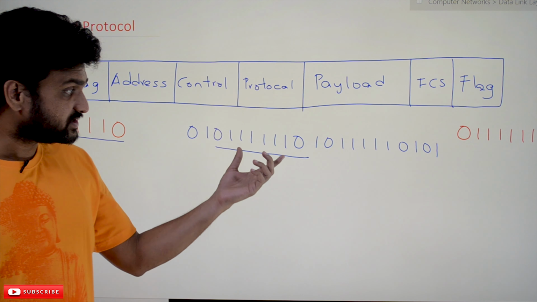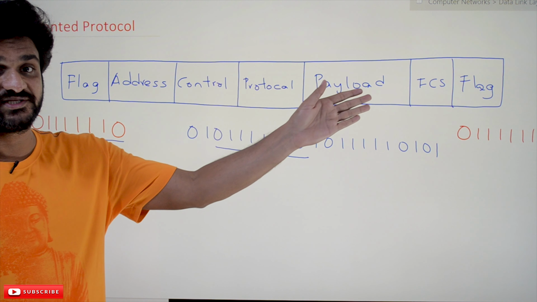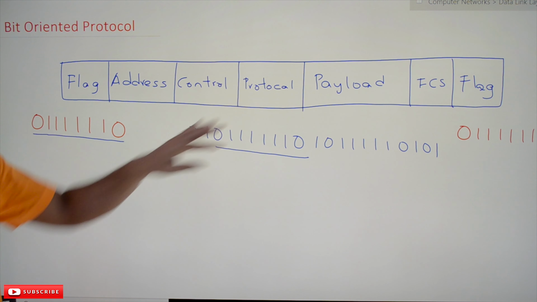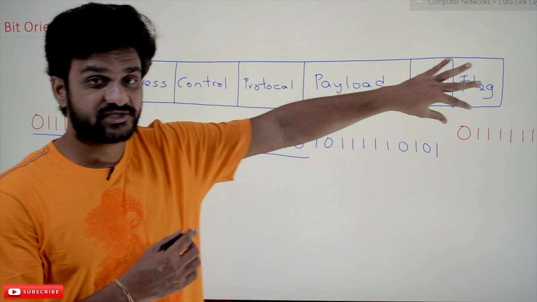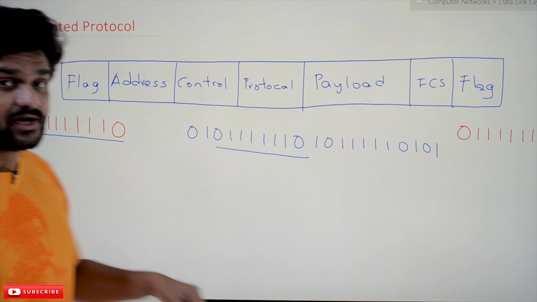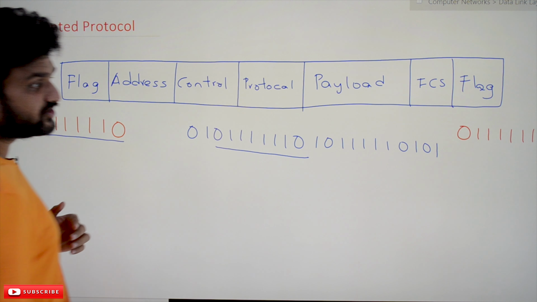Now the receiver is going to understand that this is the end of the frame, but this is not the end of the frame. The end of the frame is here, but the receiver is misunderstanding that this is the end of the frame.